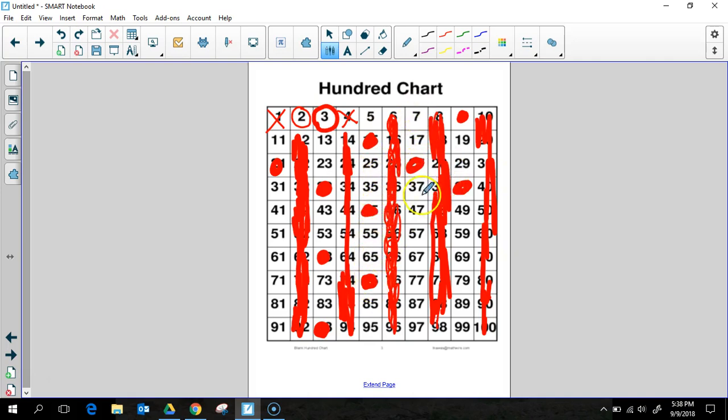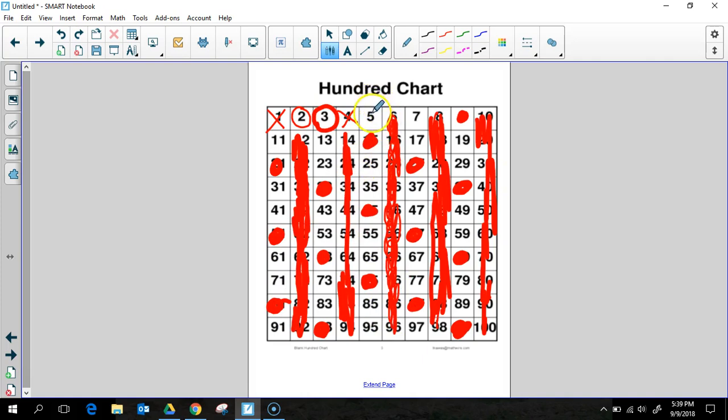Yep, 57 is divisible. 87: 8 plus 7 is 15. Yep, it is. Then 51 and 81. It looks like we got all the multiples of 3.